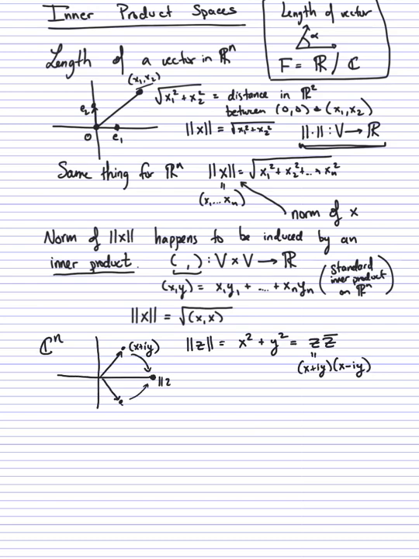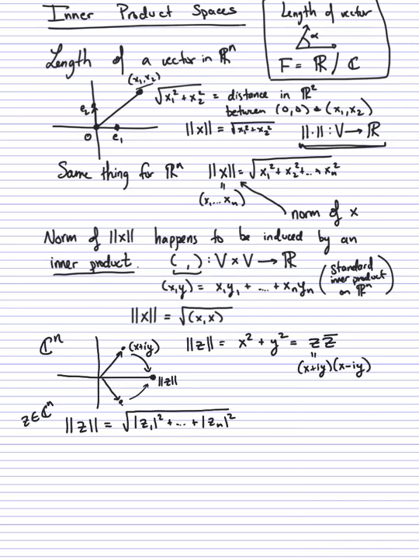Norm of C. You do essentially the same thing for Cn. So the norm of Z, for Z an n-tuple of complex numbers, is just the norm of Z1 squared plus up through the norm of Zn squared, and then take the square root.